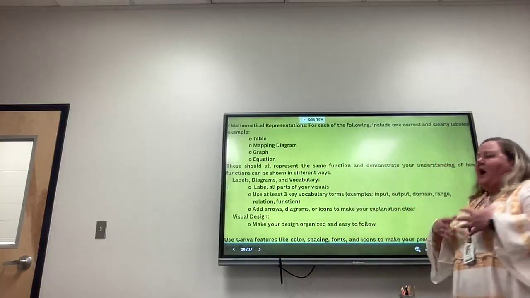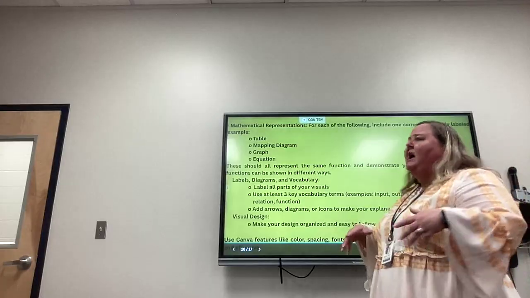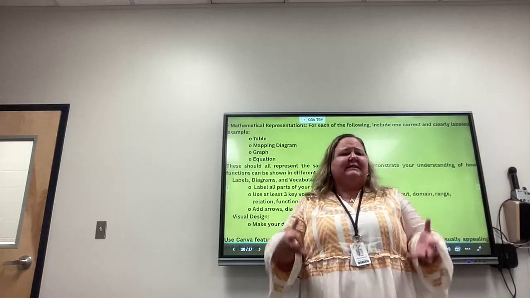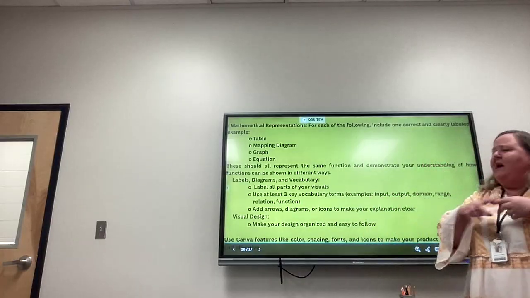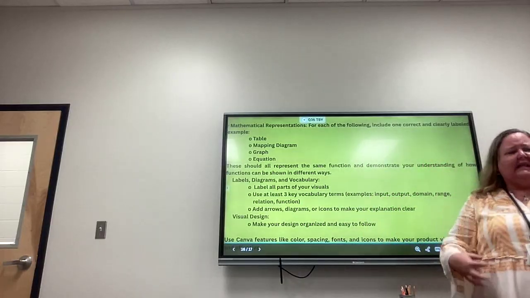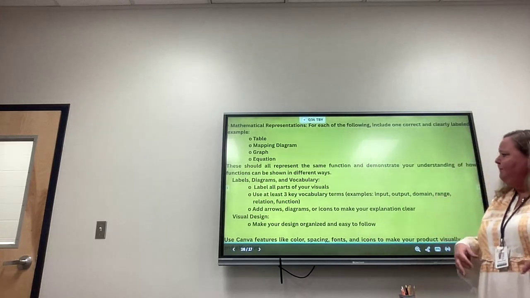Then somewhere on there, I want you to show representations, not of your function, but give examples of a table, a mapping, a graph, and an equation, just so that I can see that understanding of each type of representation we've discussed.